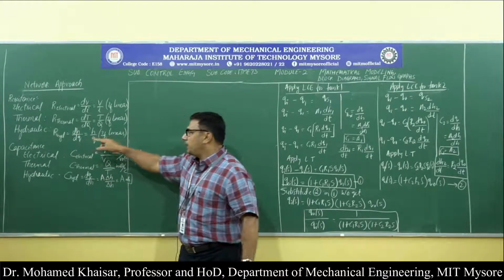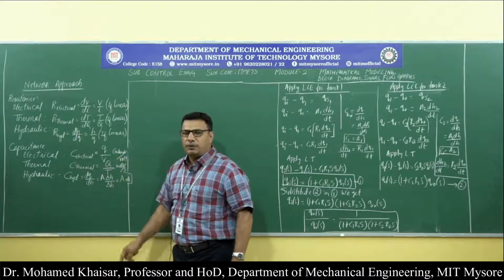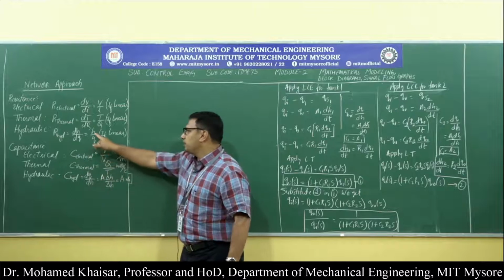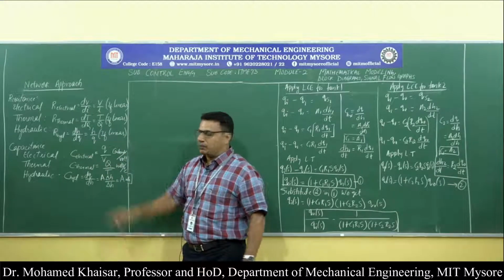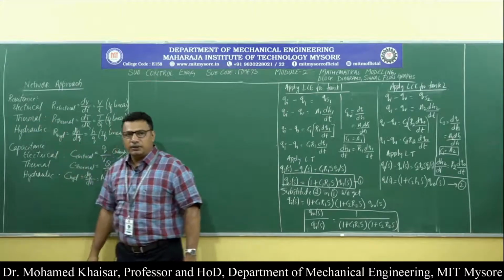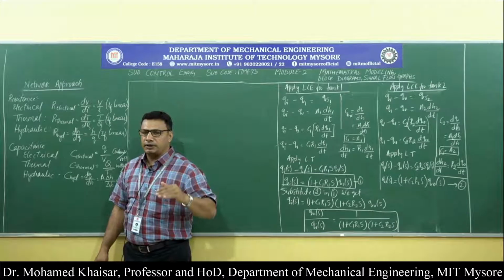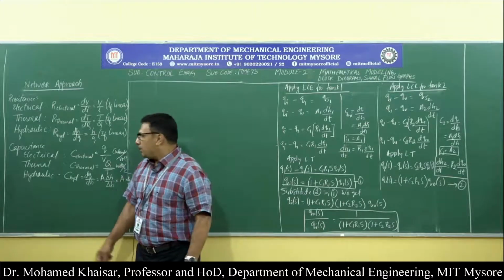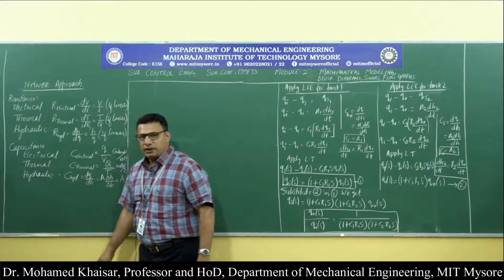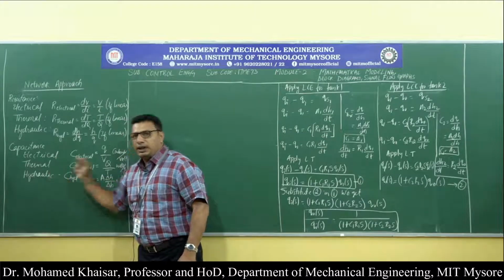If the relationship between the change in the head and the flow of liquid is linear, then obviously it will be H by Q, right? This is about the resistance as applied to electrical, hydraulic and thermal systems.